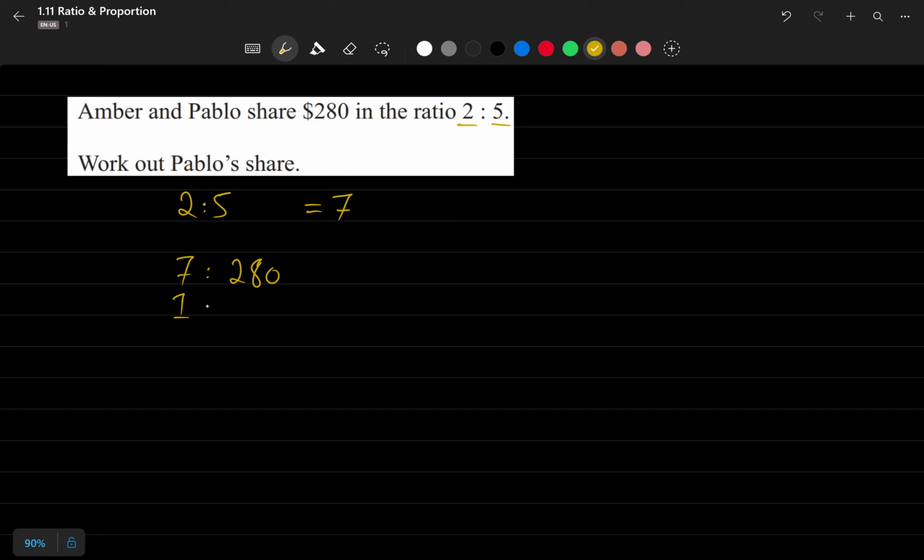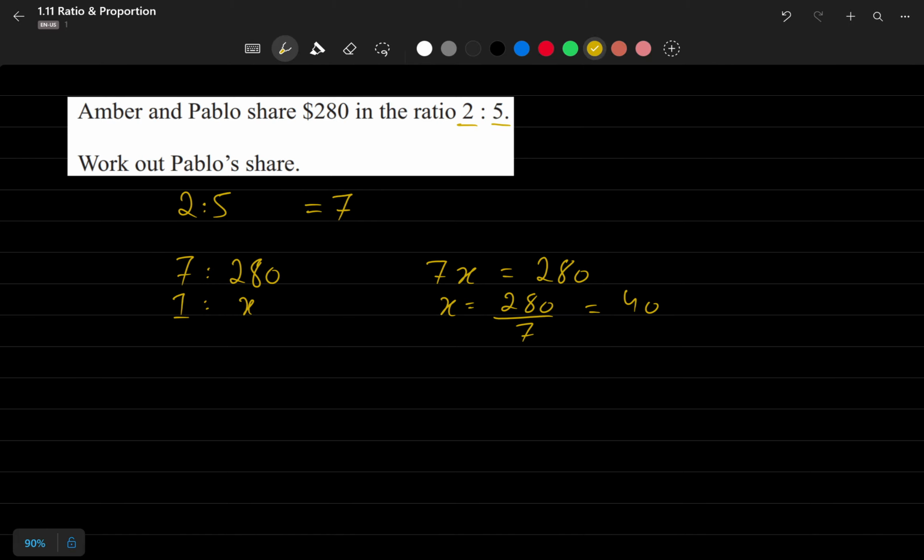So how much will 1 ratio hold, which is equal to x? So 7x is equal to 280 times 1, which is equal to 280. x is equal to 280 by 7, which is equal to $40.